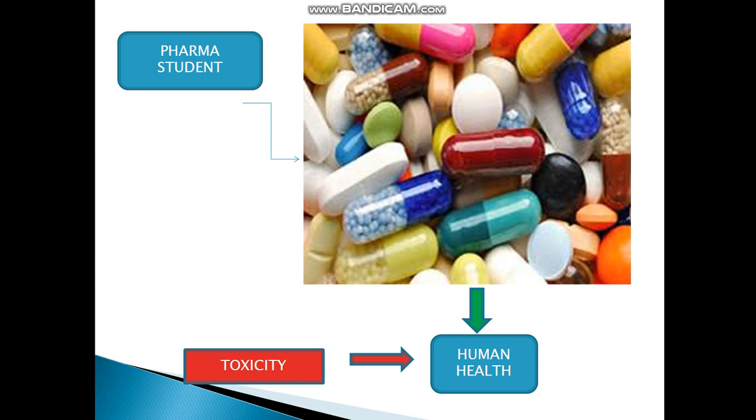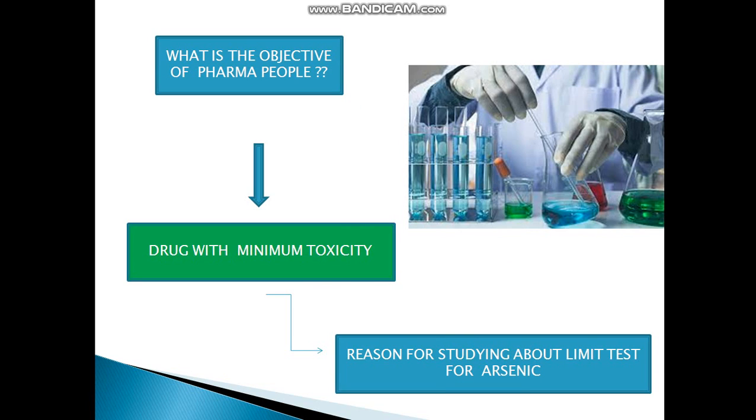That means drugs should be free from impurities. Since arsenic is a toxic substance, it should not be present in drug preparation. This is the need why we are now studying the limit test of arsenic.